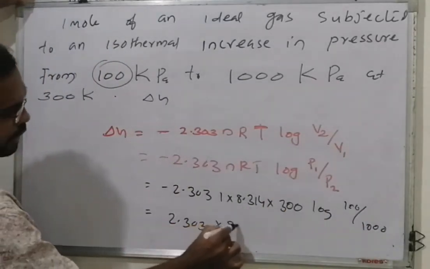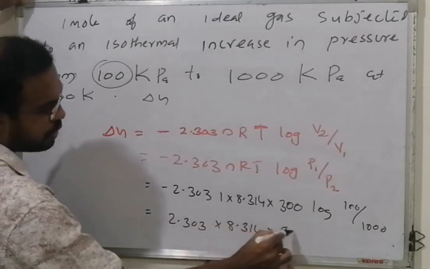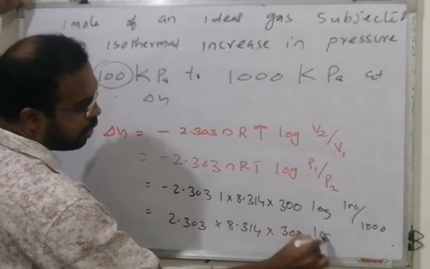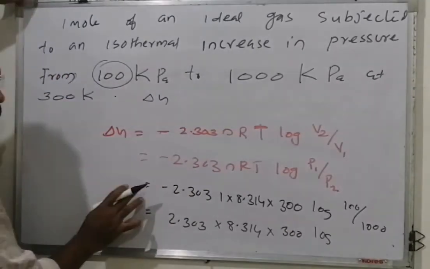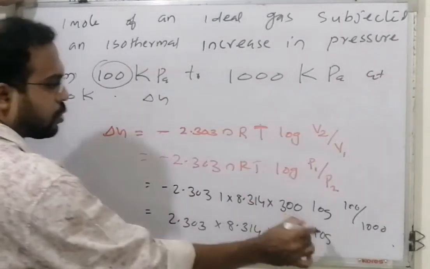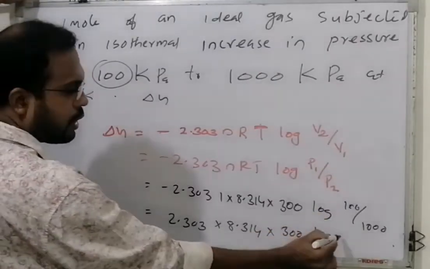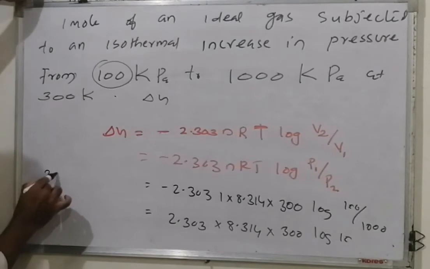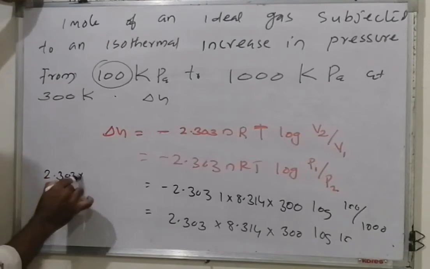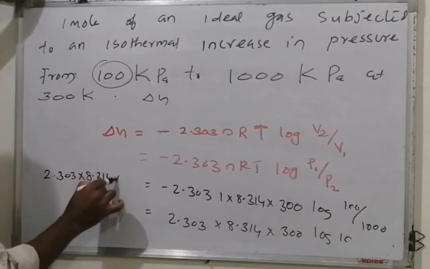2.303 into 8.314 into 300 into log 1000 by 100. The minus will disappear when you interchange it. That is log 10. What is log 10? 1. Therefore your answer is 2.303 into 8.314 into 300.